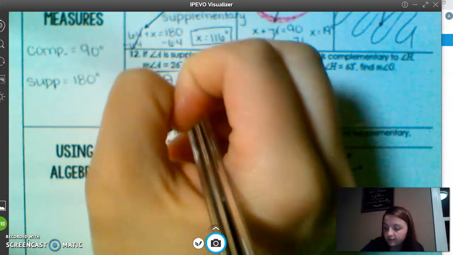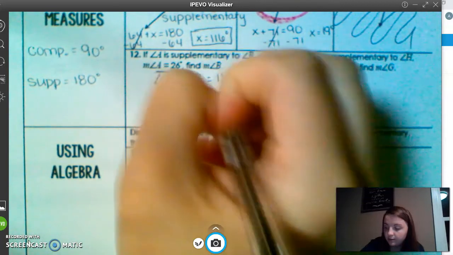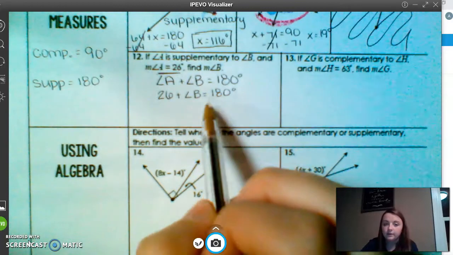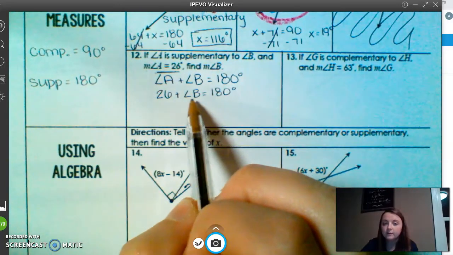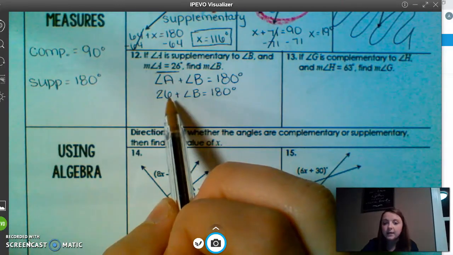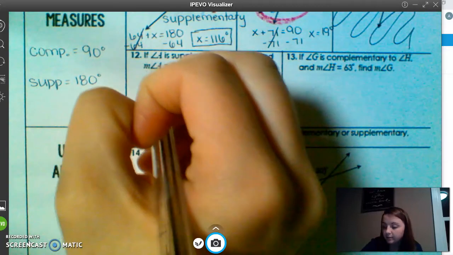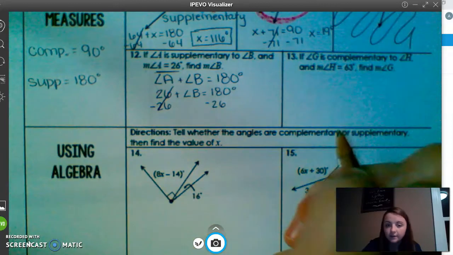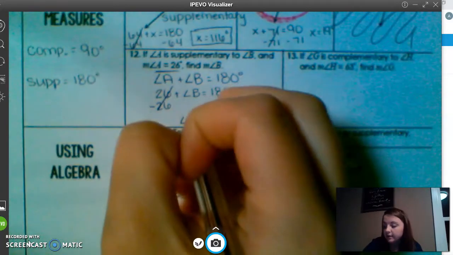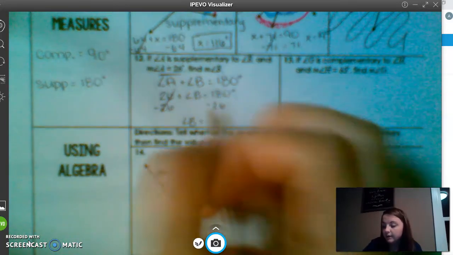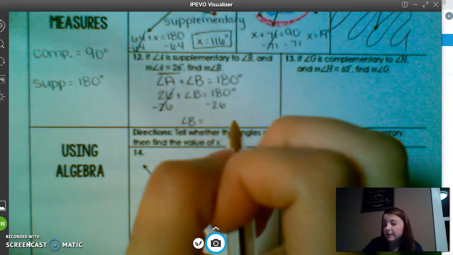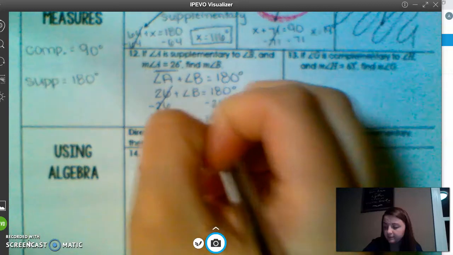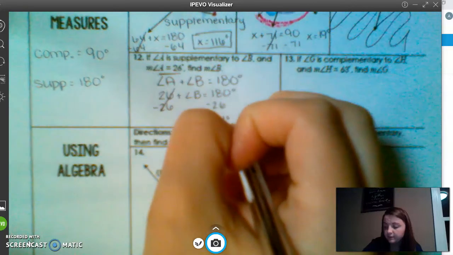So 26 plus angle B equals 180. Now I'm trying to find angle B. To get angle B by itself, I need to get rid of the 26, so I subtract 26 from both sides. Then the measure of angle B, 180 minus 26, is 154.